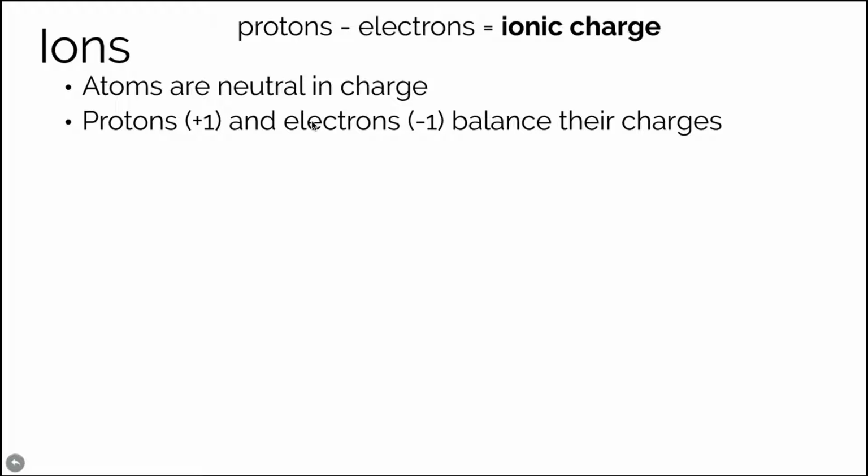So now, for this next section, we're going to be using this handy little formula to calculate the ionic charge, where we just take the number of protons in an atom and subtract the number of electrons from it, and this will give us the overall charge on the atom. So now if we look at this model on here, we have an atom with 3 protons in the center. So these are 3 positive protons, and we have 3 negative electrons surrounding it.